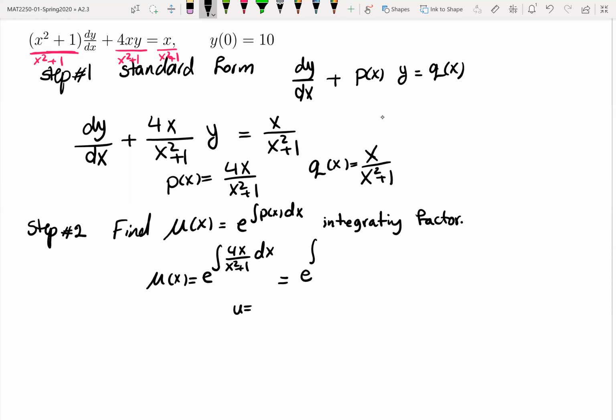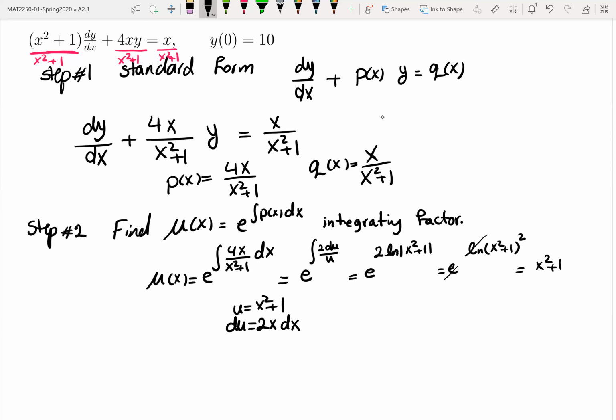If I take u is x squared plus 1, du is 2x dx, so that is 2 du divided by u. So this is e to the 2 natural log of u, which is x squared plus 1. So again, I have to take care of all the properties of natural log and e to simplify this one. So this goes by this, so that gives me x squared plus 1 to the second.